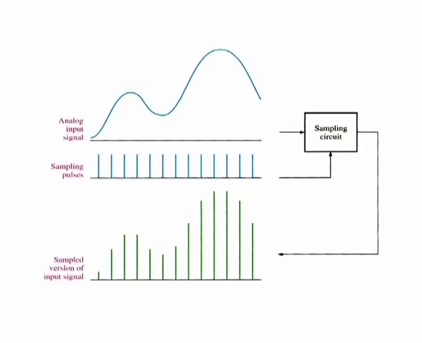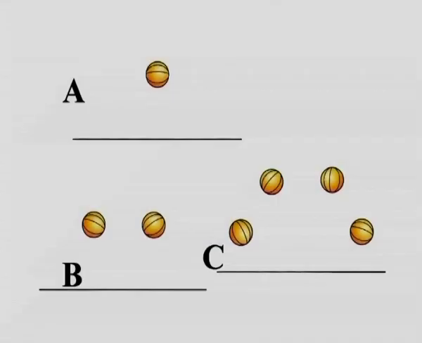To intuitively understand the sampling theorem as illustrated in the figure, a simple bouncing basketball analogy may be helpful. Although it is not a perfect representation of the sampling of electrical signals, it does serve to illustrate the basic idea. If a ball is photographed or sampled at one instant during a single bounce, you cannot tell anything about the path of the ball except that it is off the floor.